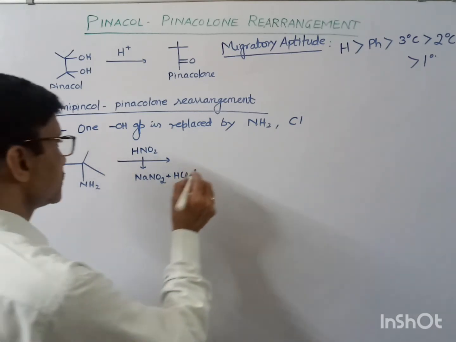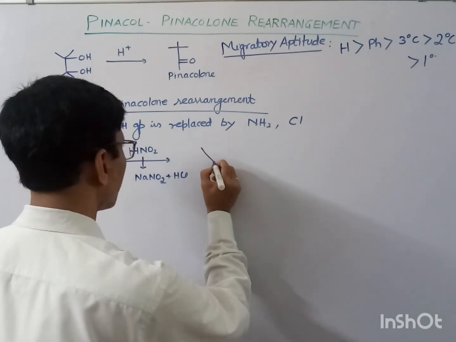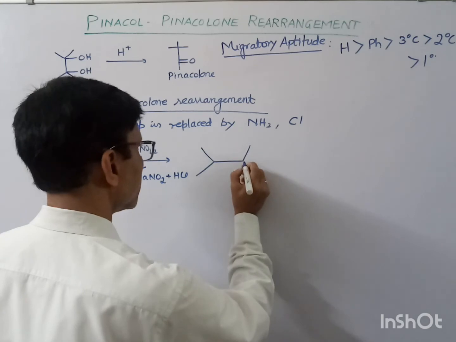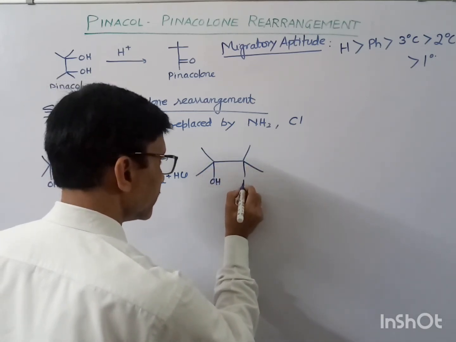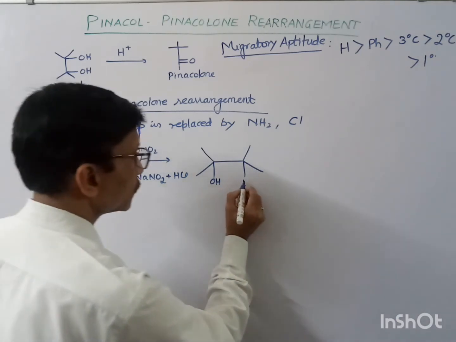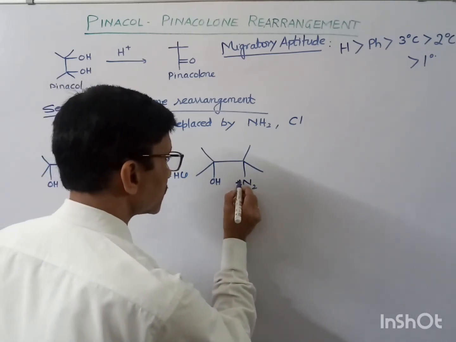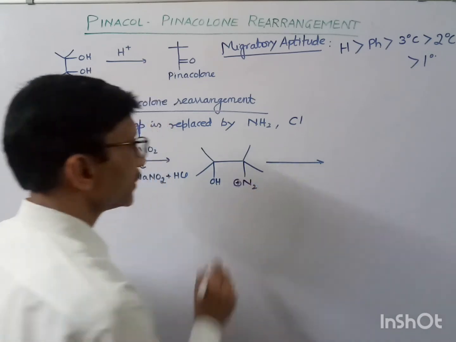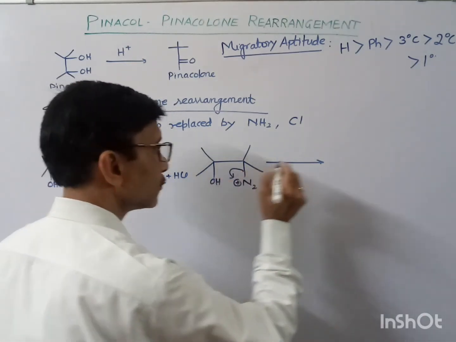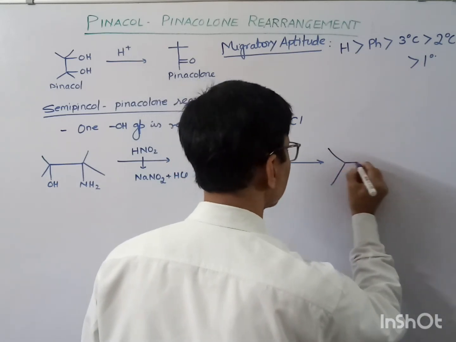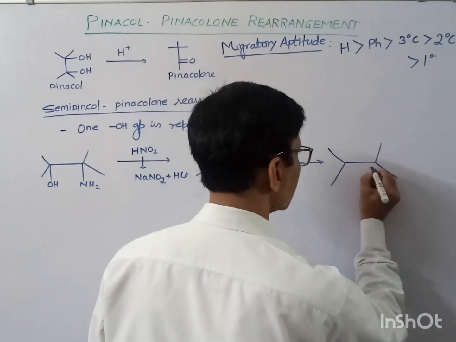So this nitrous acid, we know, forms the diazo salt. So this one, plus it will create here N2 plus. Now in next step, this N2 plus being a very good leaving group will leave out, and we will have a positive charge over here.